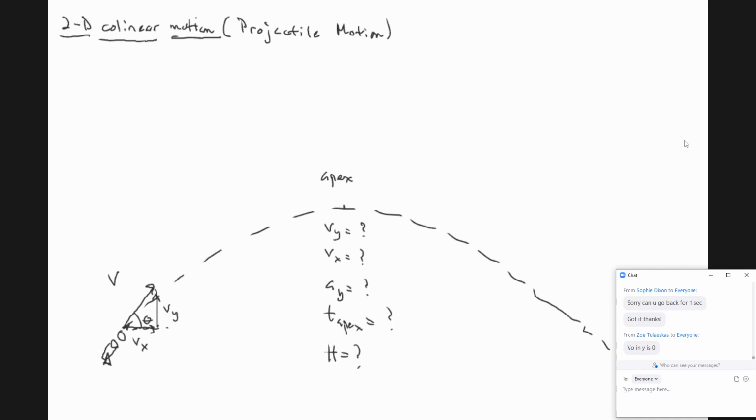We're assuming the cannonball's height is negligible, so it starts at y equal to 0.